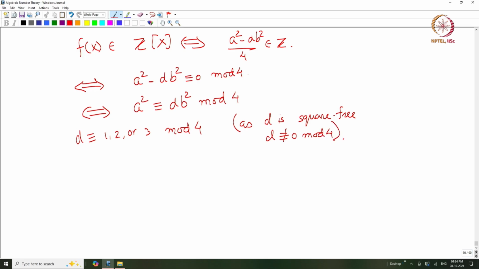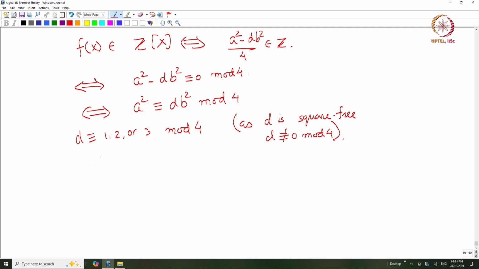Okay. Now, I also know that, right. So, I can also assume that b is not 0 mod 4, right, because if b is 0 mod 4 then a has to be even as well, right. So, in any case I want to understand what this is, and this has a solution for any a and b, right.